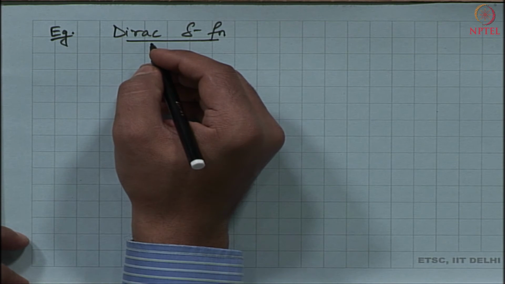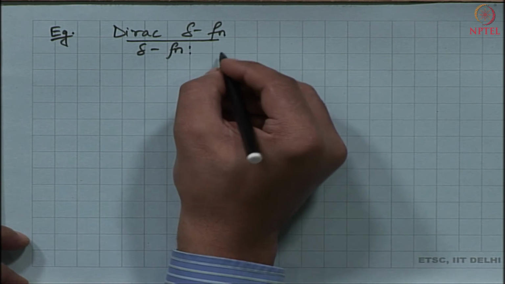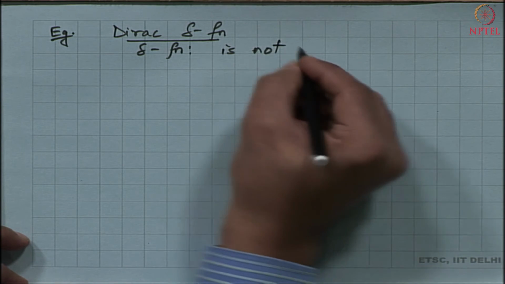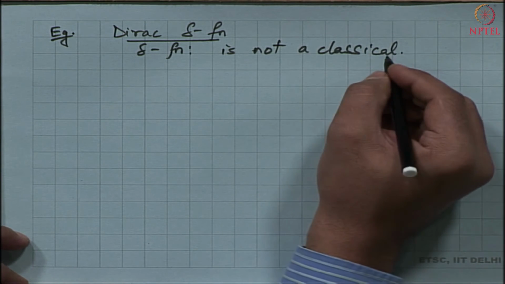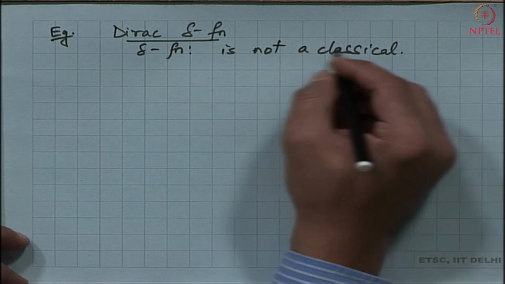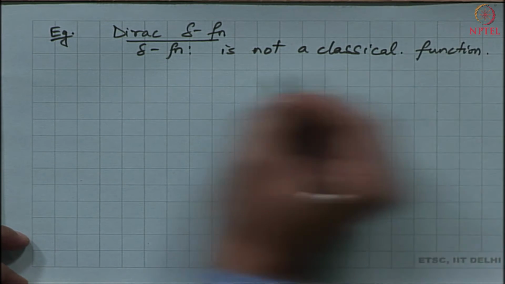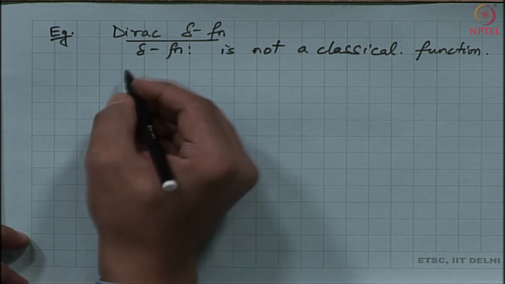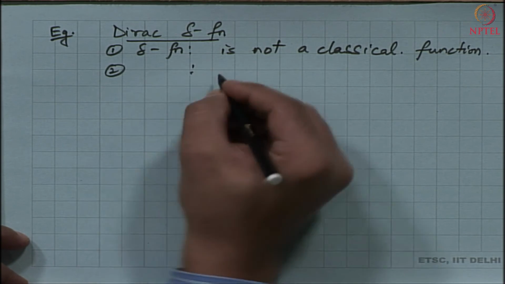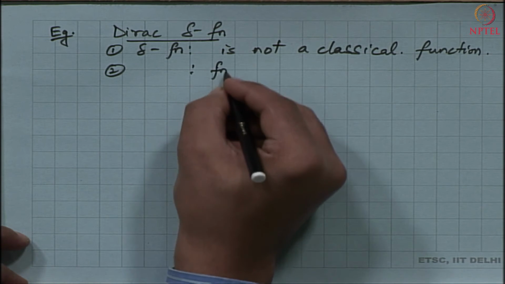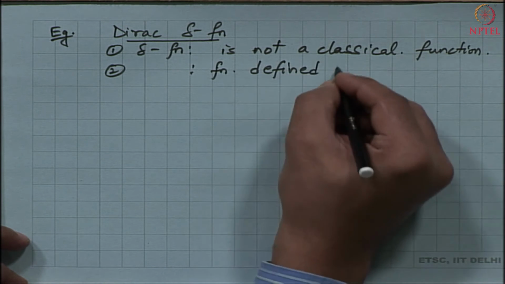It turns out that the Dirac-delta function is not a classical function, although it is quite heavily used in physics, chemistry, biology, applied mathematics, everywhere. It is not a classical function, and I can only define this function in the generalized sense.